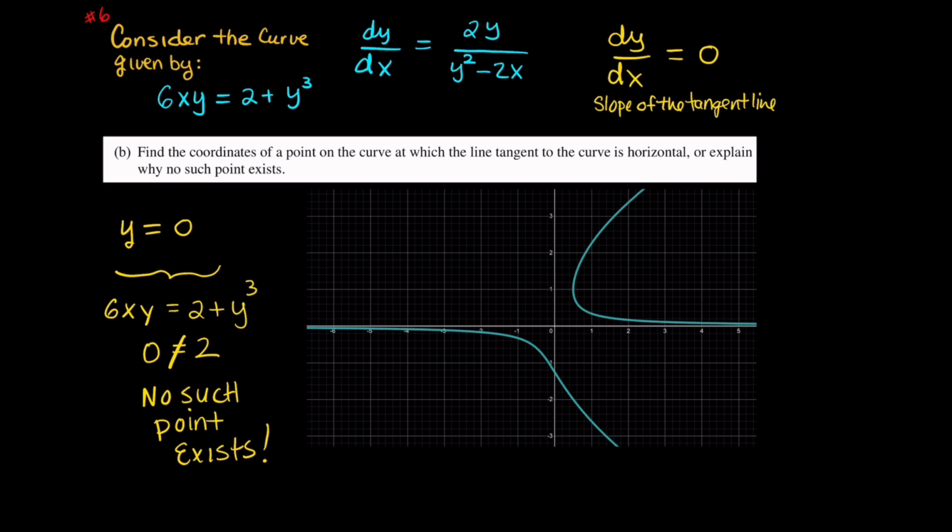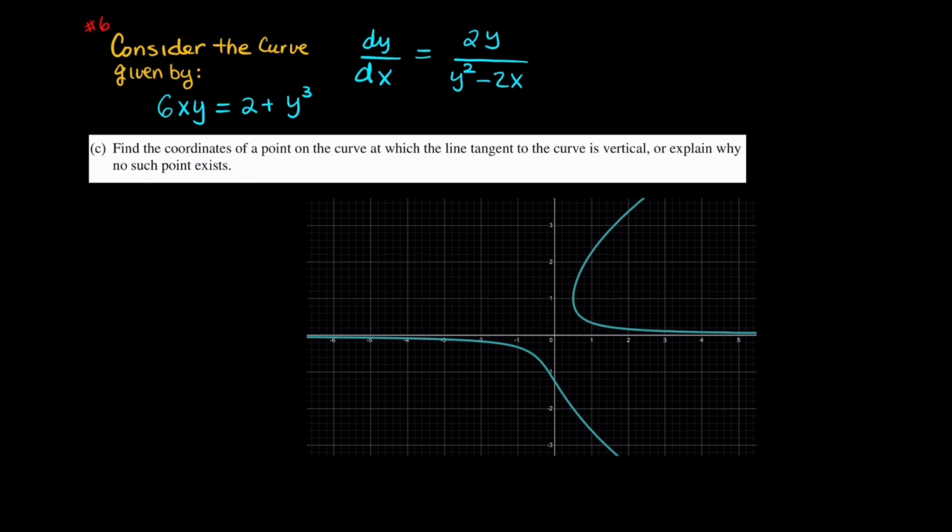But what about vertical? Part C asks us to find out if such a point exists. If we have a vertical tangent line, it means the slope is undefined, or the derivative is undefined at that point. And that would be when the denominator of that rational expression is equal to 0.